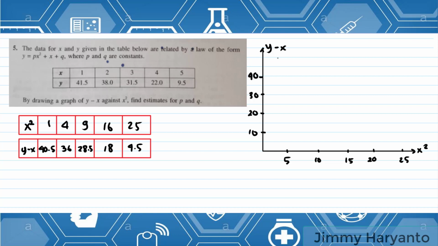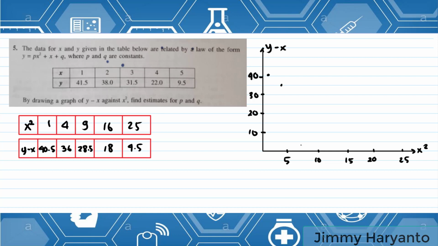As for the graph, we have to plot y minus x for the y-axis and x square for the x-axis. The first point is 1, 40.5. It will be right here maybe. And then for the second point, 4, 36.